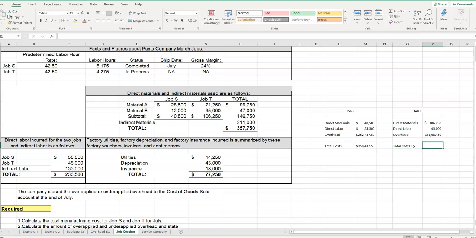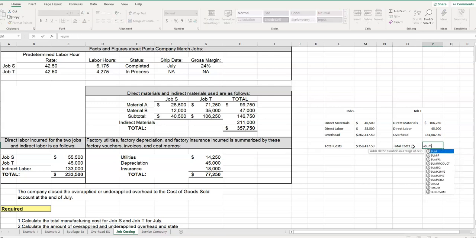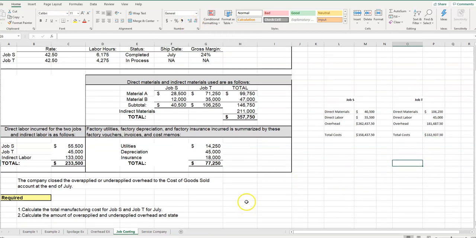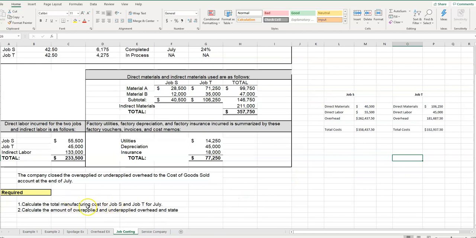And the total cost for job T, $332,938.50. Part 1.2 says, calculate the amount of over-applied and under-applied overhead.